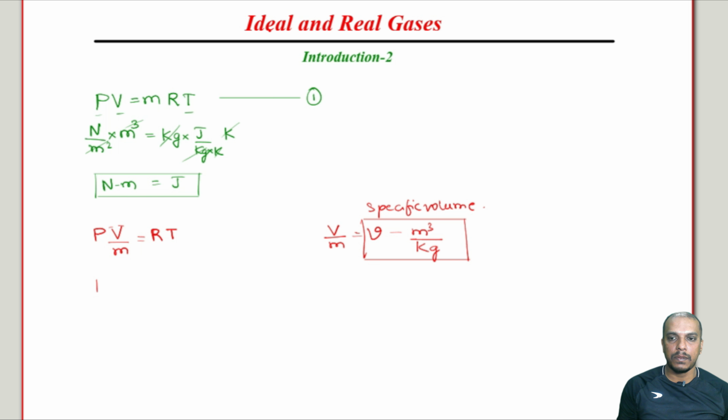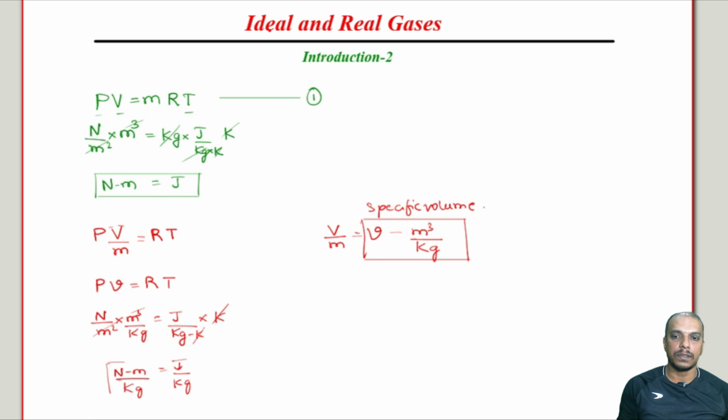So, this can be rewritten as P small v = RT. And again, it is important to balance the unit. Pressure is in Newton per meter square, specific volume is meter cube per kg, and we know R is in joule per kg Kelvin, the characteristic gas constant, and temperature is in Kelvin. So, we will have joule per kg on the right side, and on the left side meter square goes off, and you will have Newton meter per kg, which is again joule per kg.